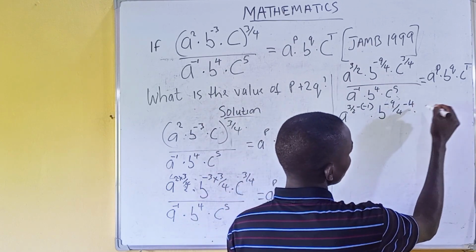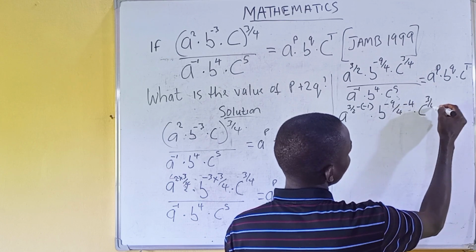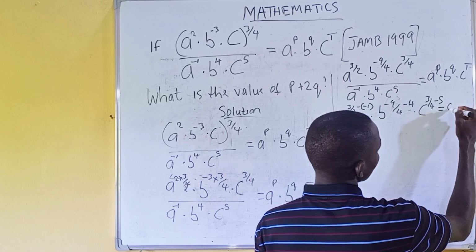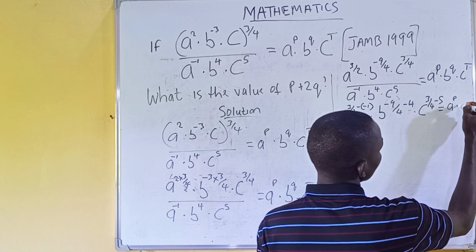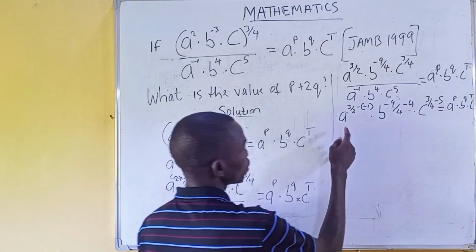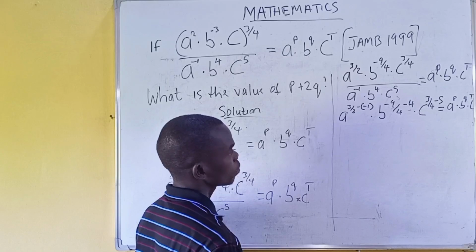Do the same for c, which will now be c^(3/4 minus 5), which is equal to a^p b^q c^t.